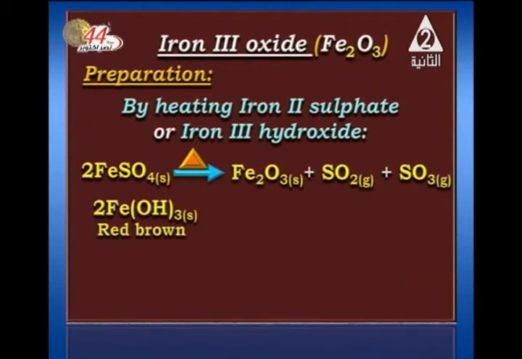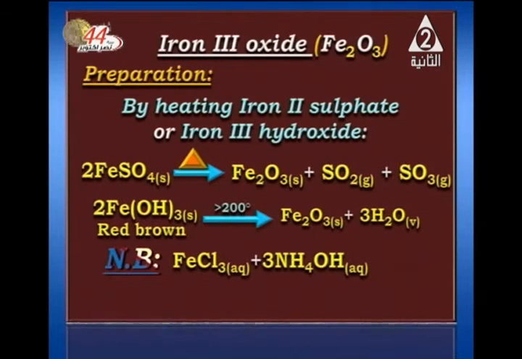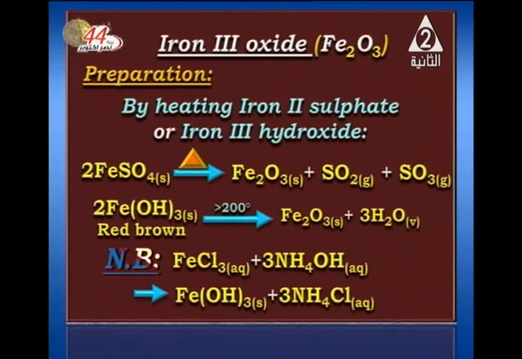The second way for getting iron 3 oxide is heating iron 3 hydroxide above 200 degrees Celsius, which produces iron 3 oxide and releases water vapor. My dear student, notice that the reaction of iron 3 chloride and ammonium hydroxide gives iron 3 hydroxide, and ammonium chloride is formed.